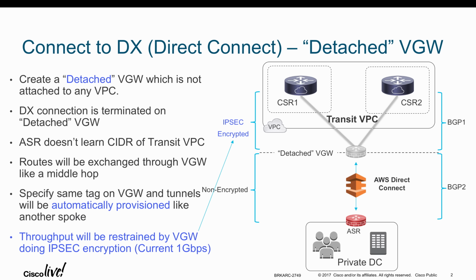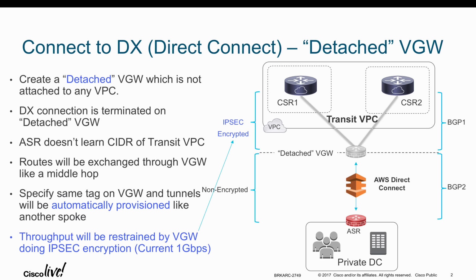After you build the VGW to connect to your on-prem, you have to leverage the same automation in the transit VPC. You can think of the VGW as another spoke VGW. So you give it a specific tag, and the Lambda function running in the background will detect that tag and push the configuration to the CSR. So the IPsec tunnel from the CSR to that VGW will be established.